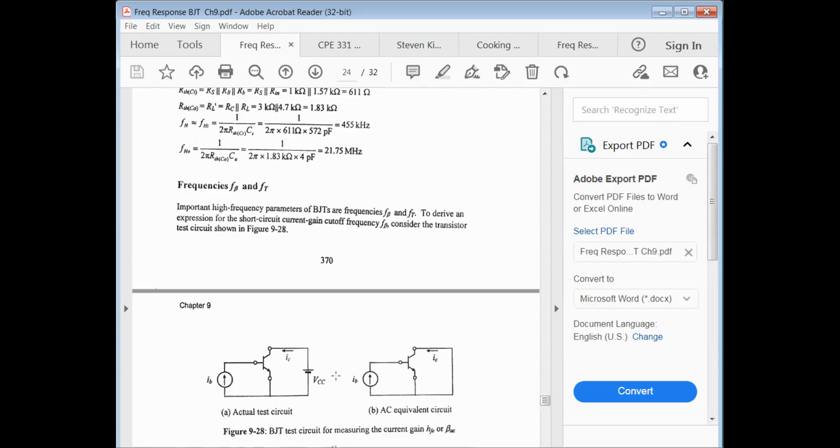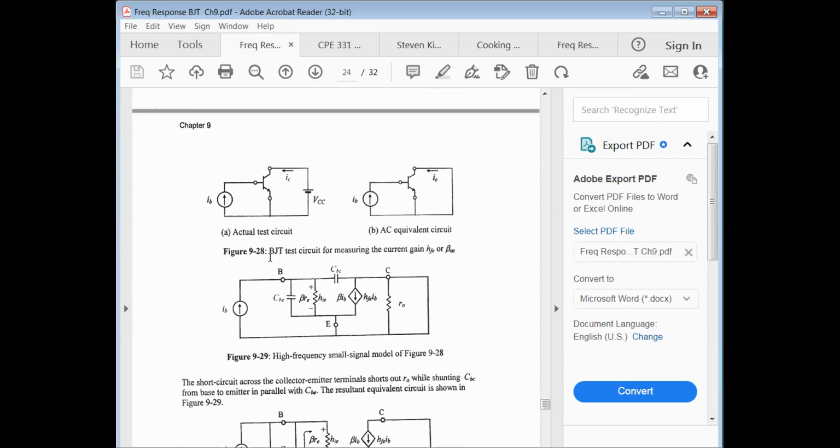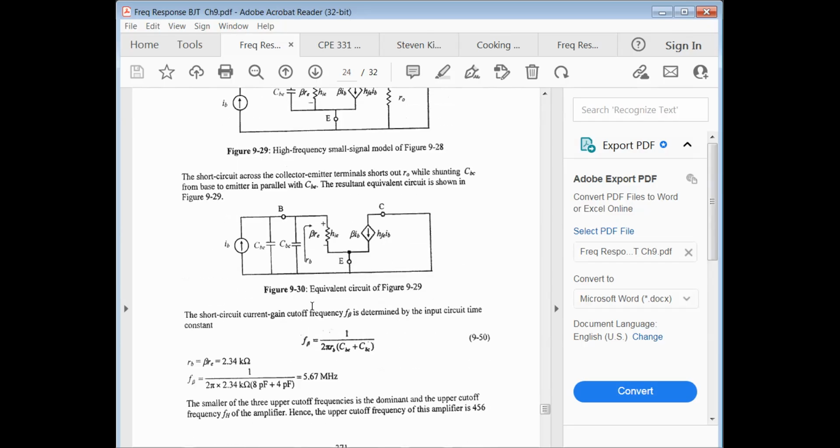So we have one other pole though. Frequencies F sub beta and F sub T. Important high frequency parameters of bipolar transistors are frequency F sub beta and F sub T. To derive an expression for the short circuit current gain F sub beta, consider the transistor shown in 9.28. So our current gain beta also rolls off at high frequency. And this is a test circuit that shows how we're going to calculate it.